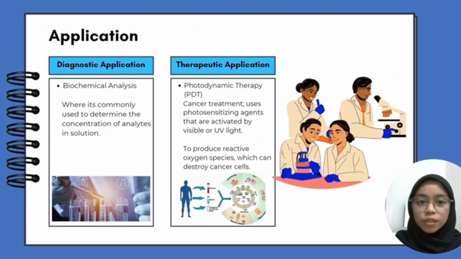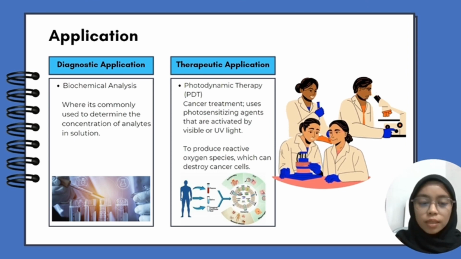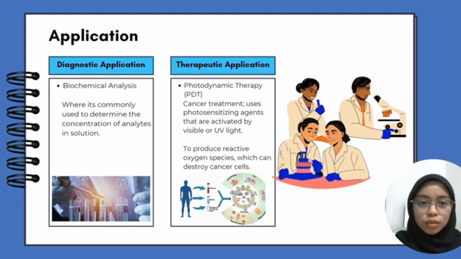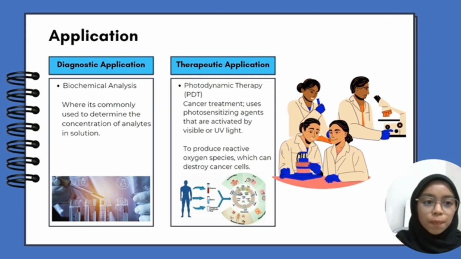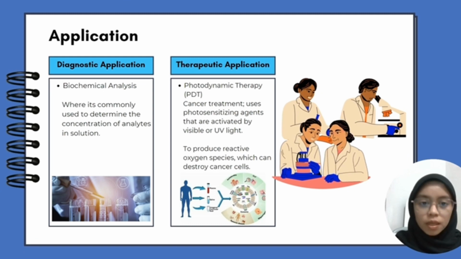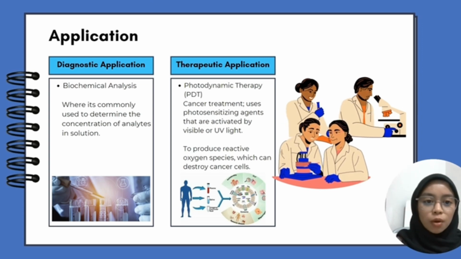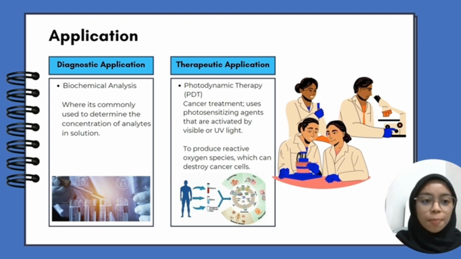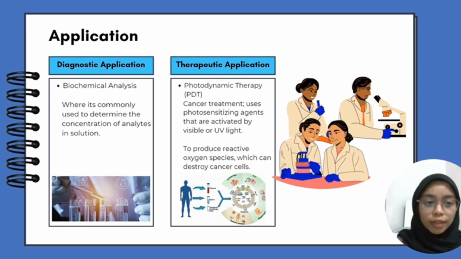There are a few applications. Firstly is the diagnostic application, or biochemical analysis application, where it's commonly used to determine the concentration of analytes in solution using the Beer-Lambert law, which relates absorbance to concentration, allowing for precise quantification. The second one is a therapeutic application using photodynamic therapy, which is PDT, such as in cancer treatment, as it uses photosensitizing agents that are activated by visible or UV light to produce reactive oxygen, which can destroy the cancer cells.